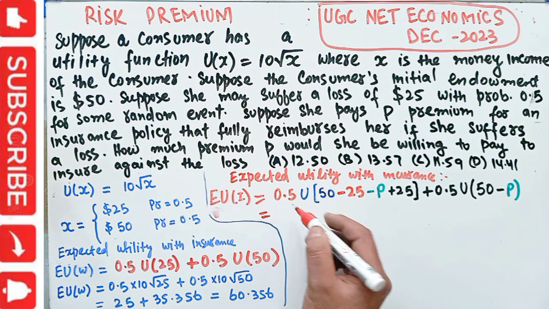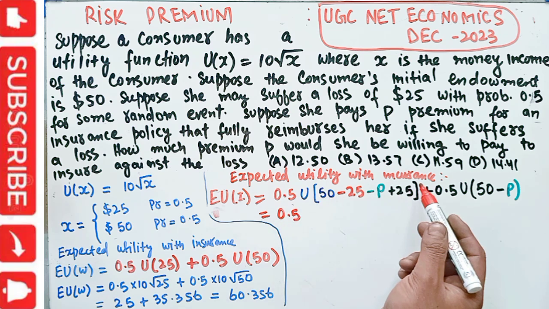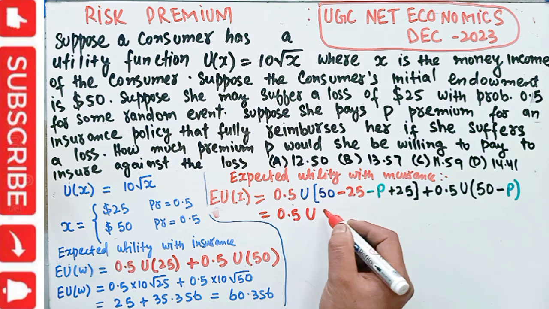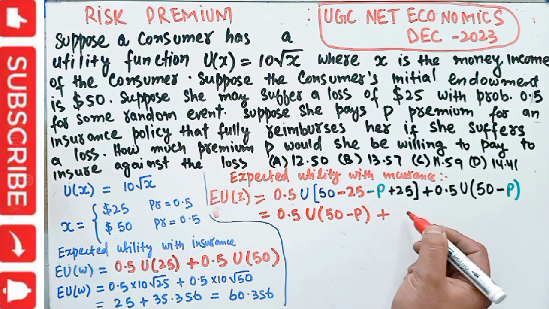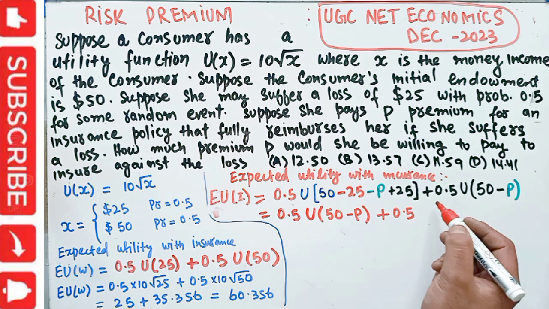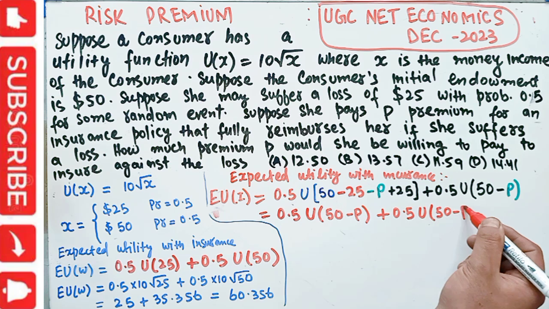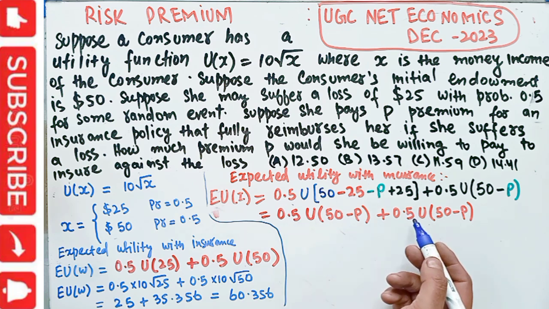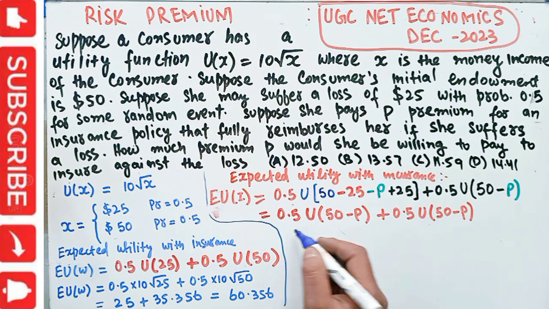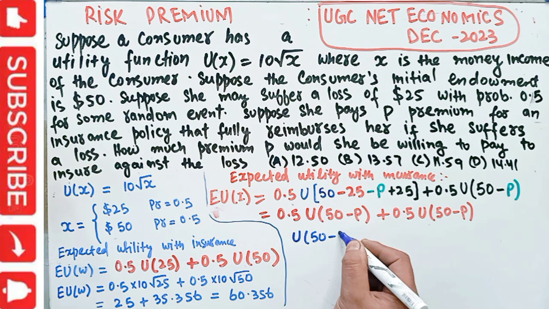So this will be equal to 0.5 times the utility of 50 minus 25 plus 25, which cancels, so we have the utility of 50 minus P, plus 0.5 times the utility of again 50 minus P. If we add it, 0.5 plus 0.5 comes out to be 1. So we will get the utility of 50 minus P.